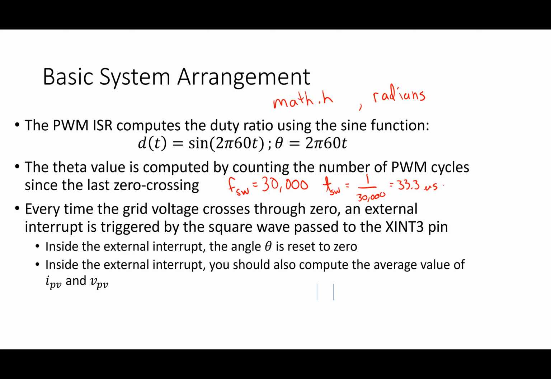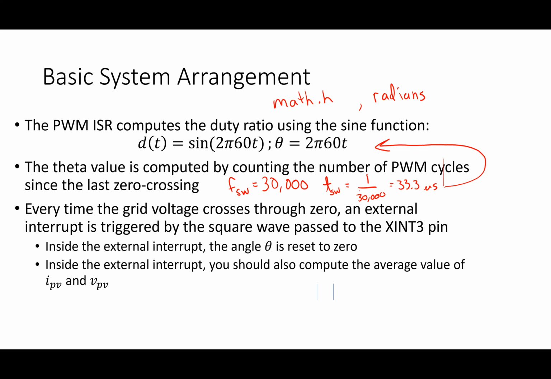And every 33.3 microseconds, I have another PWM interrupt. So I can use that value in here to calculate theta, and I can come up with a relatively simple and straightforward way to do that. So if I keep track of the number of PWM cycles that have happened since the last zero crossing, this becomes really easy ultimately for me to be able to do.